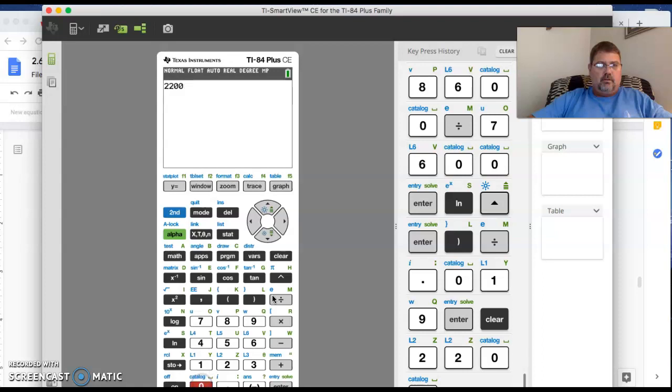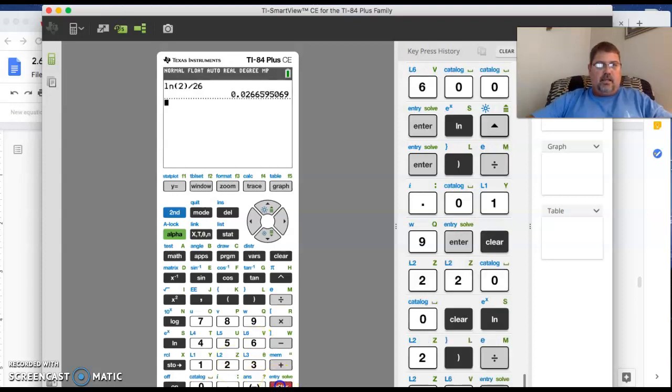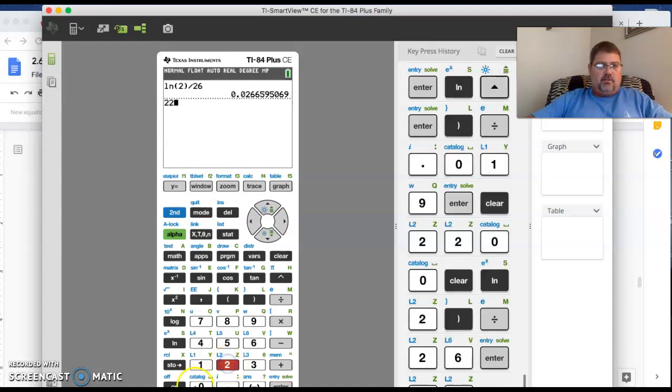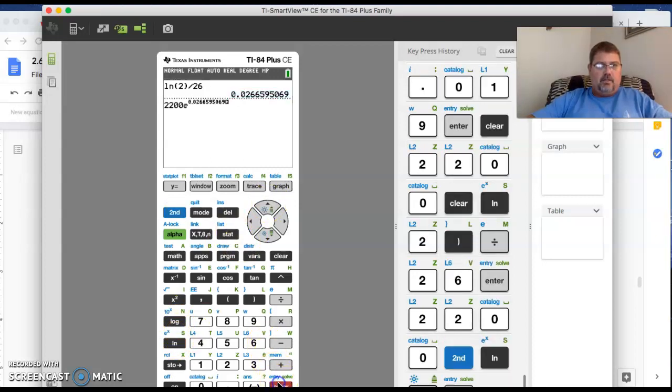2,200. Oh, just real quick, to show you what I'm talking about, letting the calculator do the work for you. So if you said the natural log of 2, and you divide that by, say, what was it, 26, let it carry that number for you. Then you're going to put in your 2,200, and you're going to use e here. e to the, go up here and grab it, put it in.